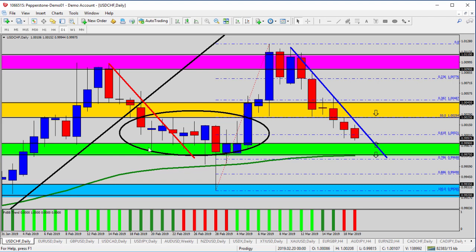So 9 days we sat at this green zone. I don't expect that to happen again, because we have some significant news coming up this week for the U.S. and for the franc, for that matter, but definitely an area that we want to take note of. We've seen support here before and reversal to go back up.